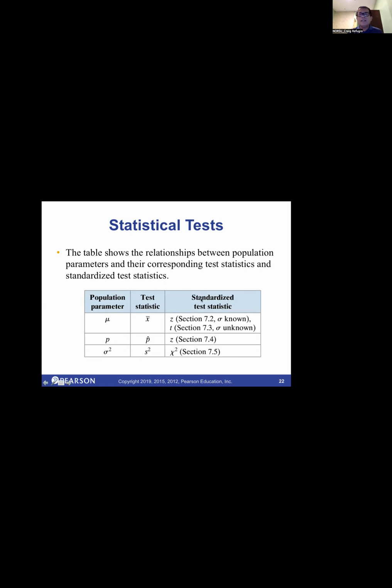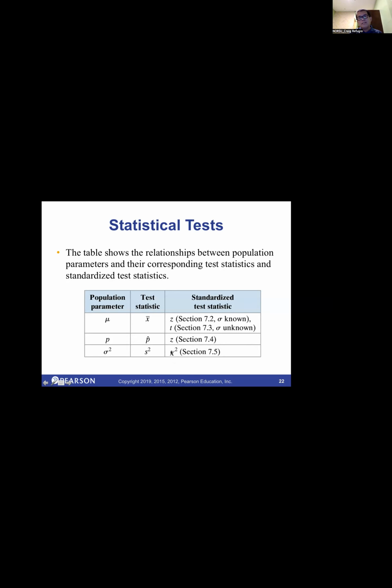Then we have standardized tests. I mentioned this one, small letter Z, which represents the Z test. Small letter T represents the T test. Then this one is the Greek letter chi. It looks like letter X in the English alphabet, but if you notice how to write X, this Greek letter chi is totally different.